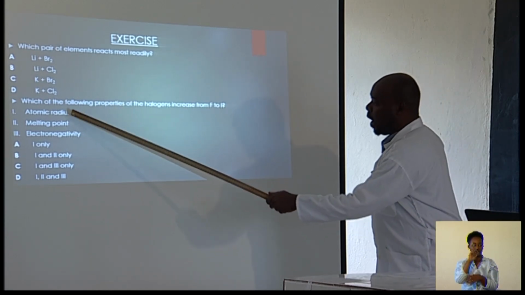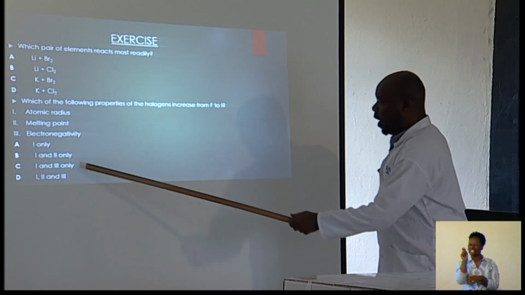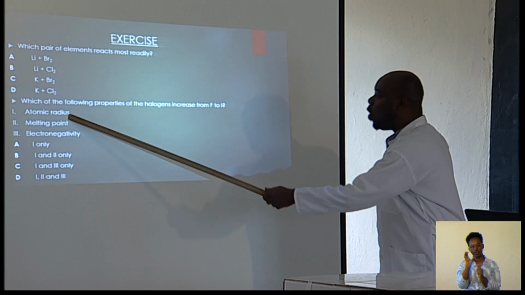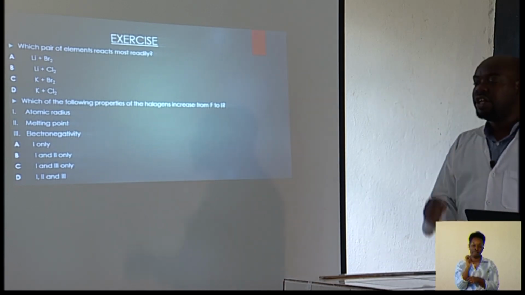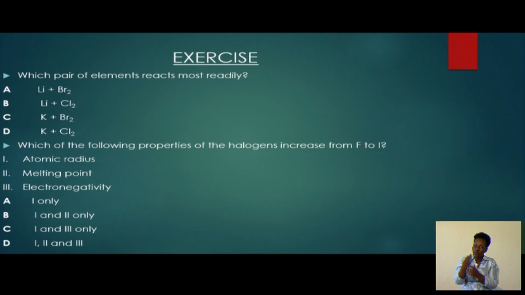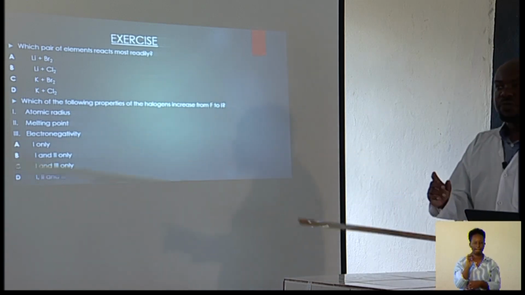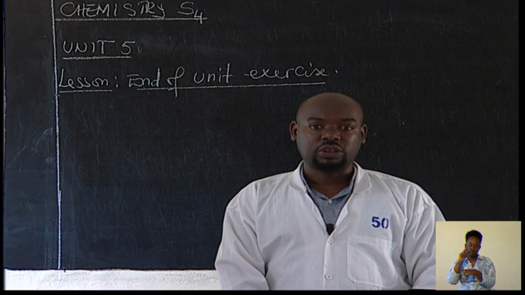Is it atomic radius and melting point, atomic radius and electronegativity, or all the 3? So think about it and suggest the right answer. Some seconds and you suggest the right answer in your books.